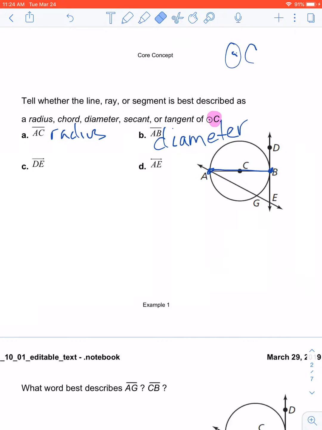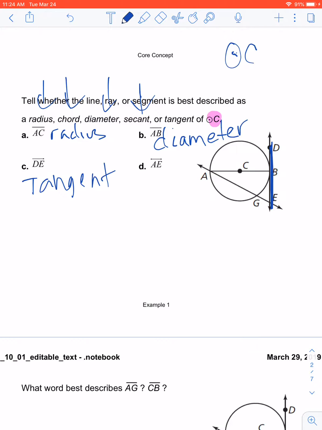Next, they want to talk about the segment on the outside of the circle. First of all, a radius, a chord, or a diameter, and the secant all have to go through the circle. So part of it is process of elimination, but since this is hitting the circle on the outside, I would call that a tangent.